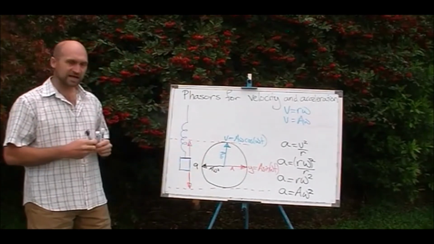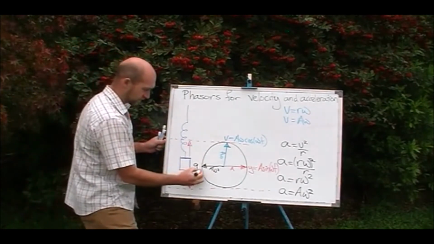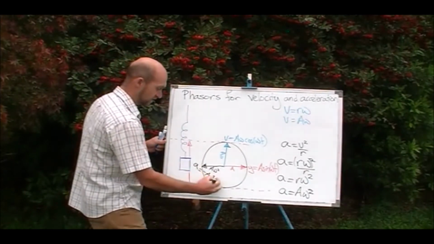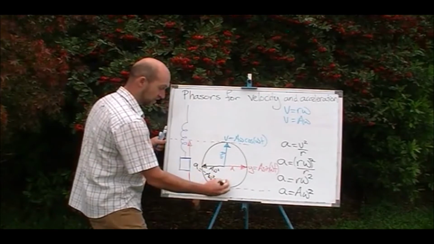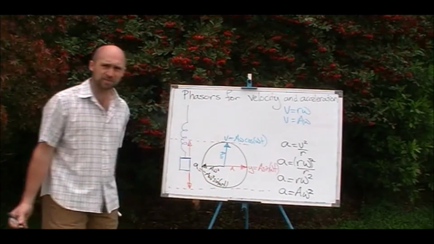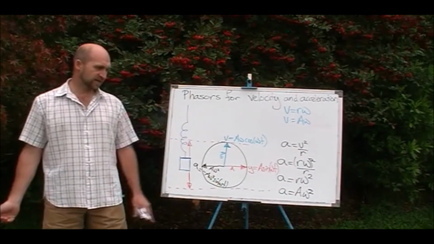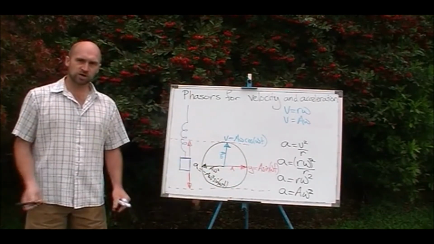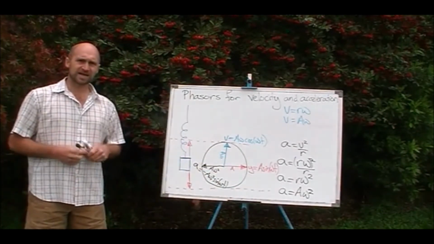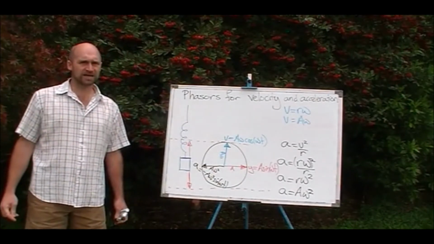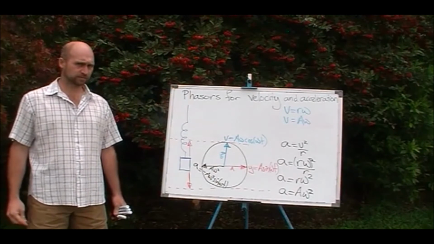And finally, acceleration we see written as minus A omega squared sin omega t, and that makes sense because the acceleration is doing exactly the same as what the displacement is, except that it's going in the opposite direction, so it's a minus sine one.